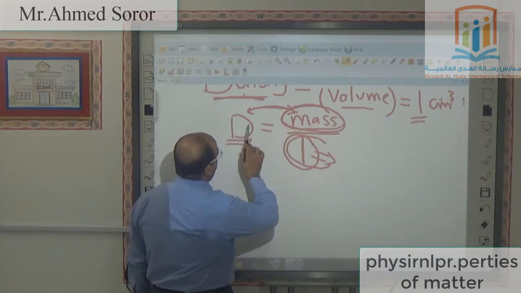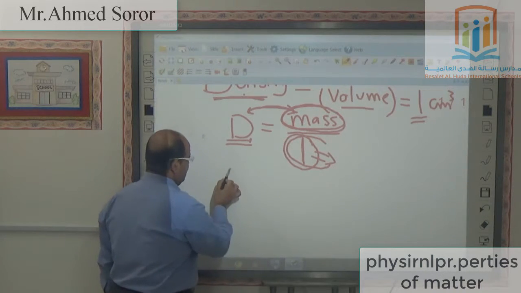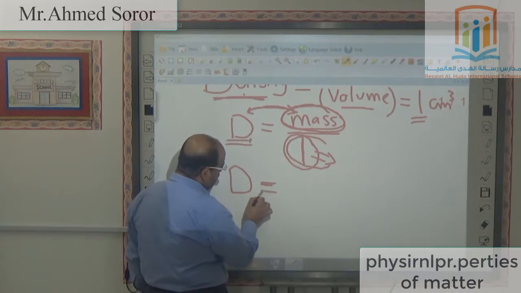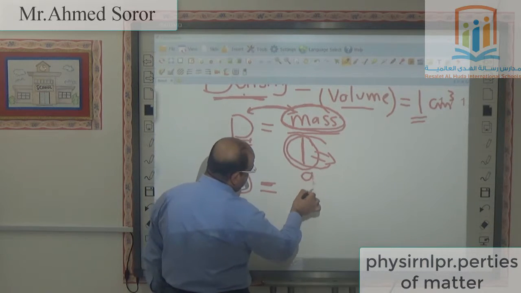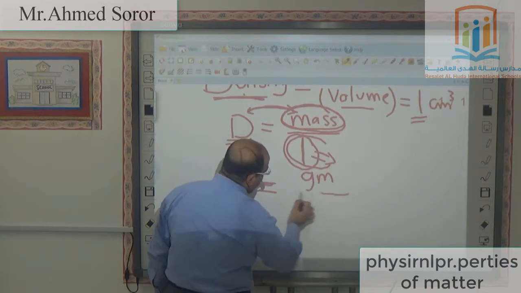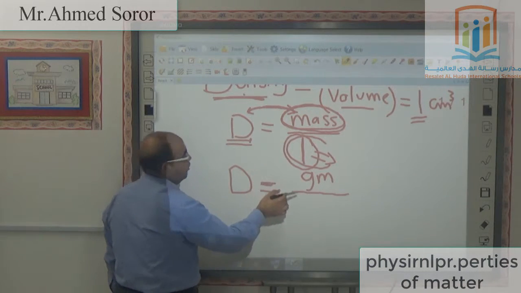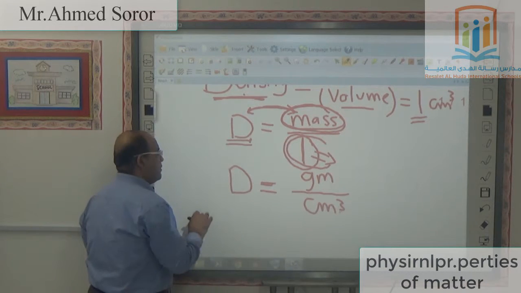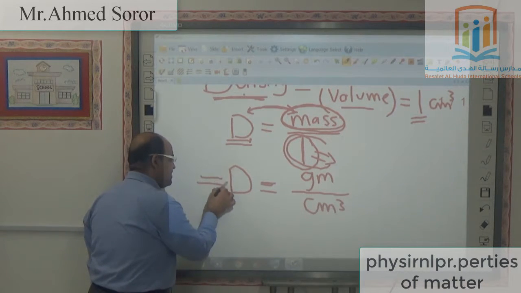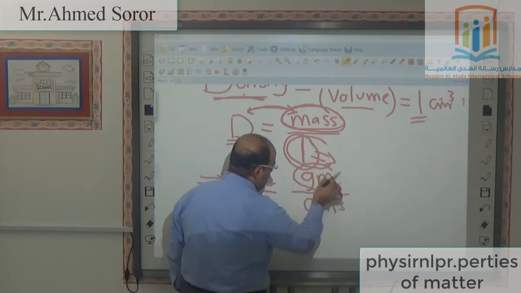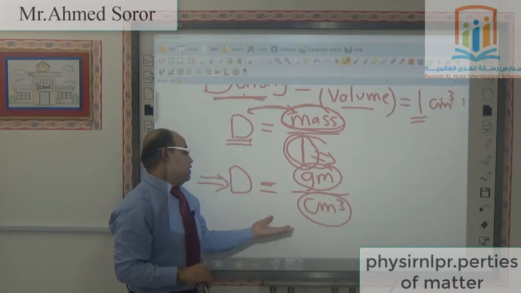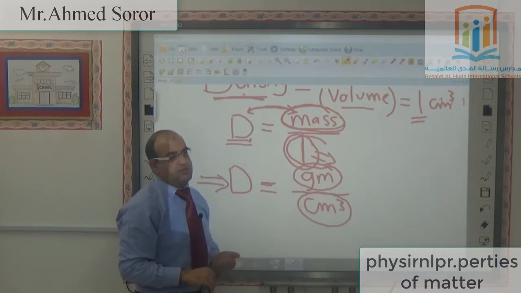Density relates mass and volume. Density is measured by the unit of mass, gram, divided by the unit of volume, cubic centimeter. So the unit of density is gram per cubic centimeter.